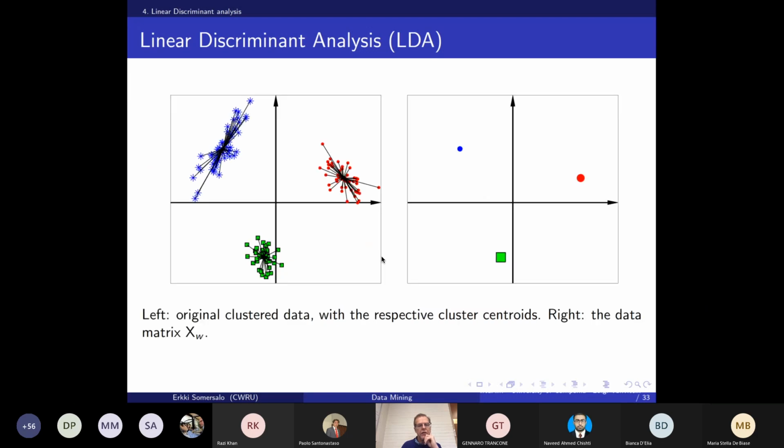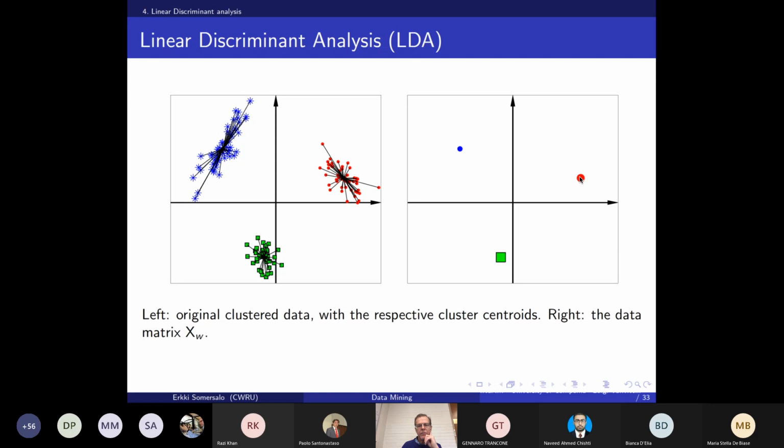And now, here's a picture of what I did. I took all of these clusters and moved all the points into the center. I replaced all blue points by the cluster centroid, all red points by the cluster centroid, and same thing with the green ones. And so then I have a data set which consists of 3 different data points. This blue dot is repeated as many times as I have data points in my blue cloud.